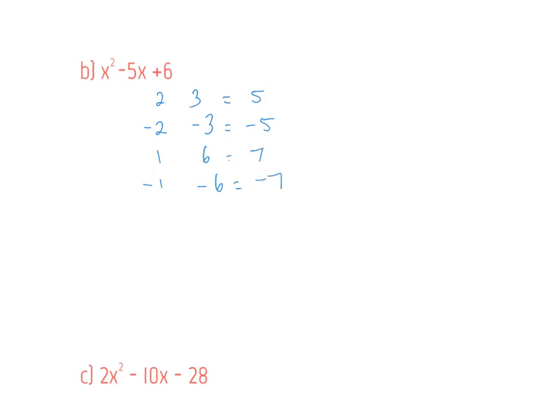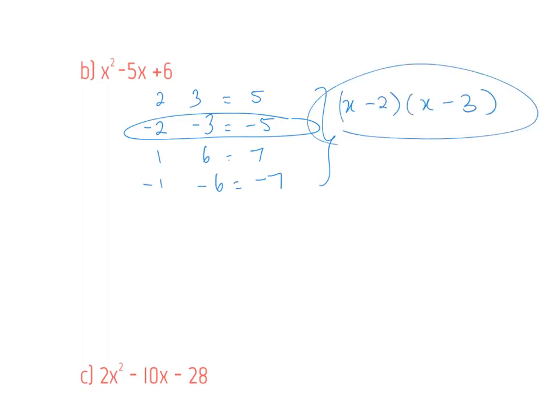The only possible solution is minus 2 and minus 3, because that gives me minus 5 when I add them, and when I multiply them they give me positive 6. So I could rewrite this as x minus 2 times x minus 3. So that's my factorised form.